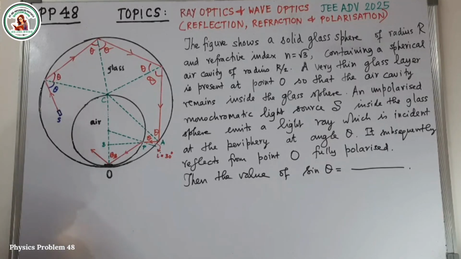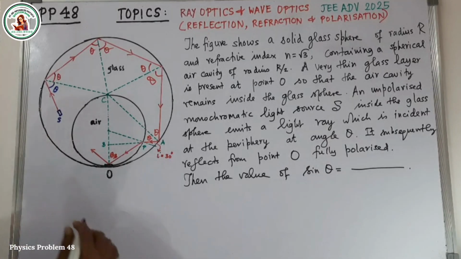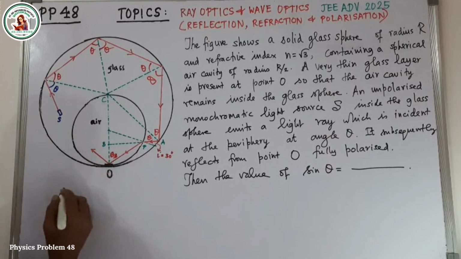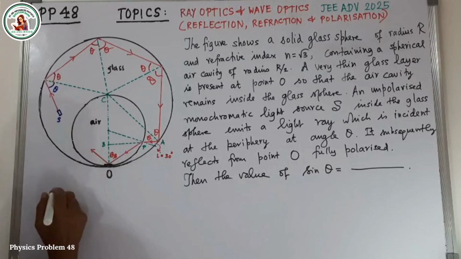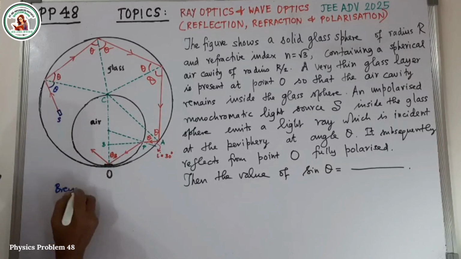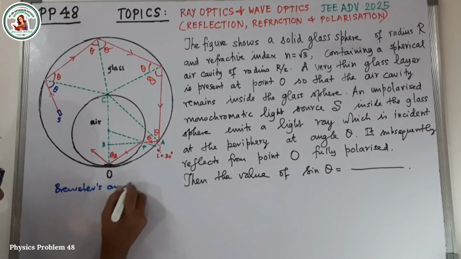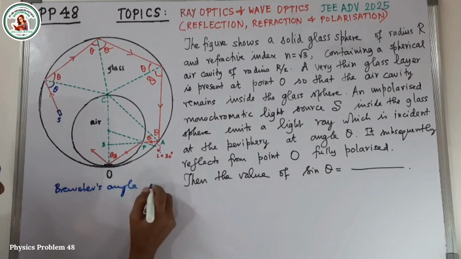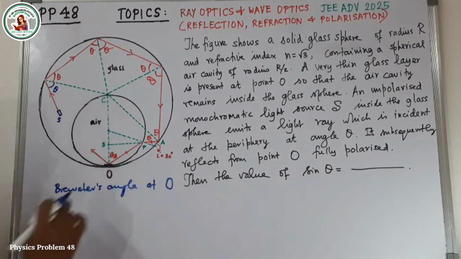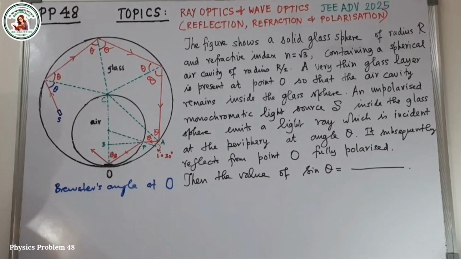The ray incident at O, the glass piece, must be at Brewster's angle theta b.